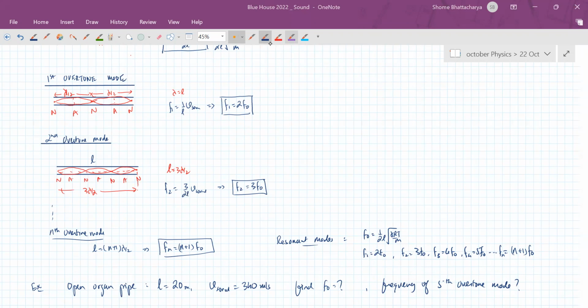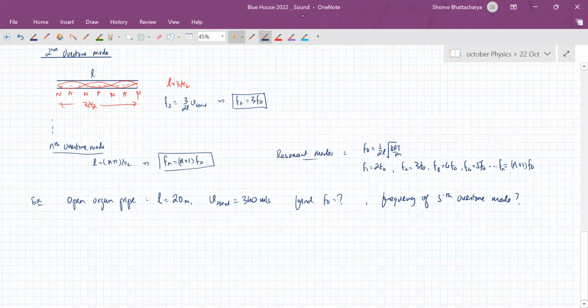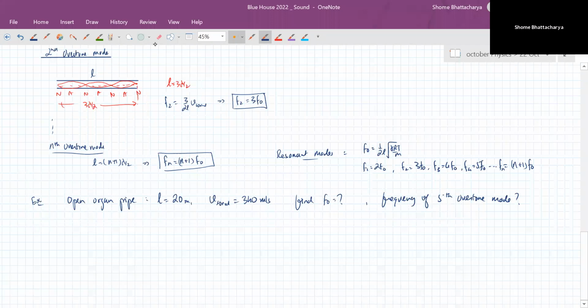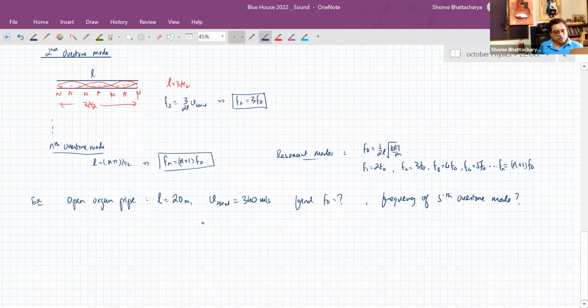Okay, so let's quickly work out this question. So it's completely formula based, this type of question, as you can see. Just understand that the fundamental mode will have a frequency given by the formula 1 by 2L into speed of sound. So it's directly given over here. So 1 by 2 into 20, 340.